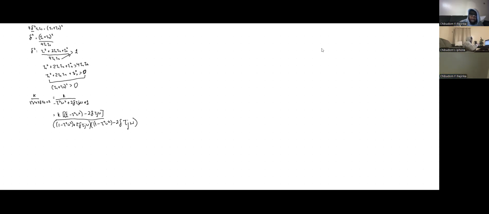This will be equal to k over 1 minus tau squared w squared, all squared, plus 4 zeta squared tau squared w squared. With it being the difference of two squares, this would be this squared, then this would be 4 times the square of all that.